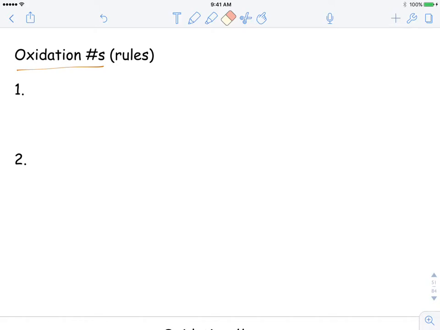So for oxidation reduction reactions, you first have to understand how to apply oxidation numbers. And oxidation numbers, depending on what you actually are dealing with, can mean different things. Like for example, if we look at rule number 1 here, we can break this rule up and we can say, well, for elements alone, they have no charge.